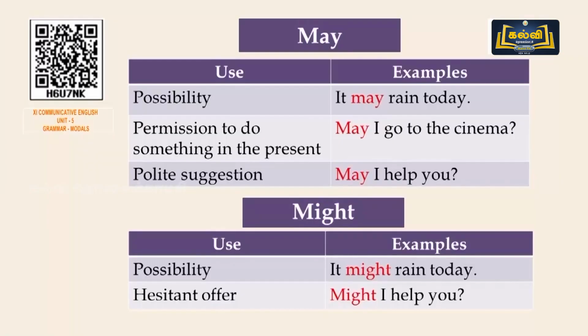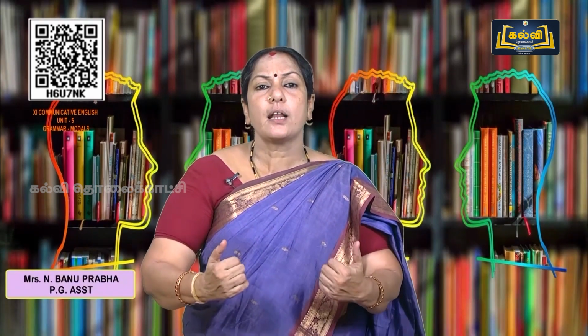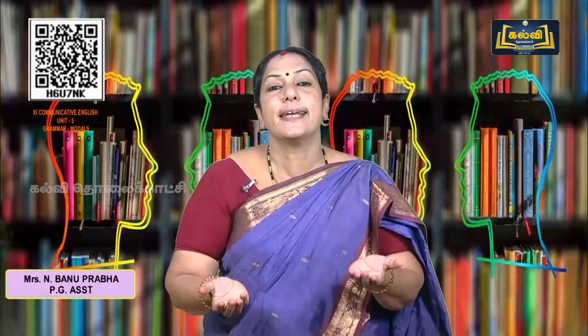And might. This again helps us to show the possibility. It might rain today. Hesitant offer. Might I help you? When you say, may I help you, this shows that you are wholeheartedly extending your help.